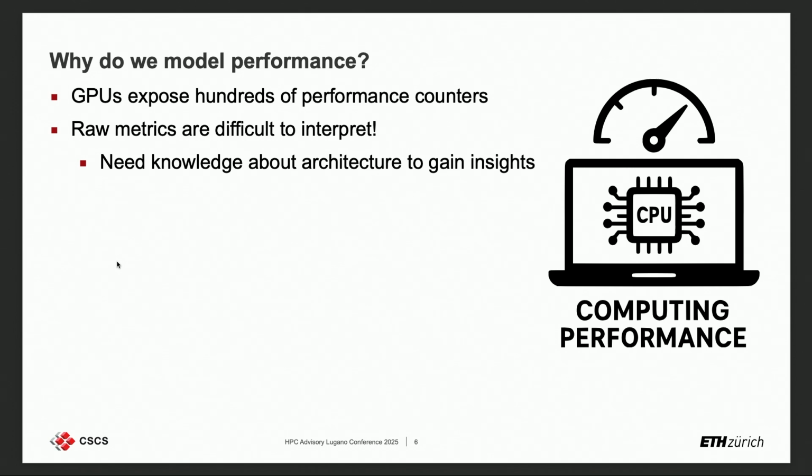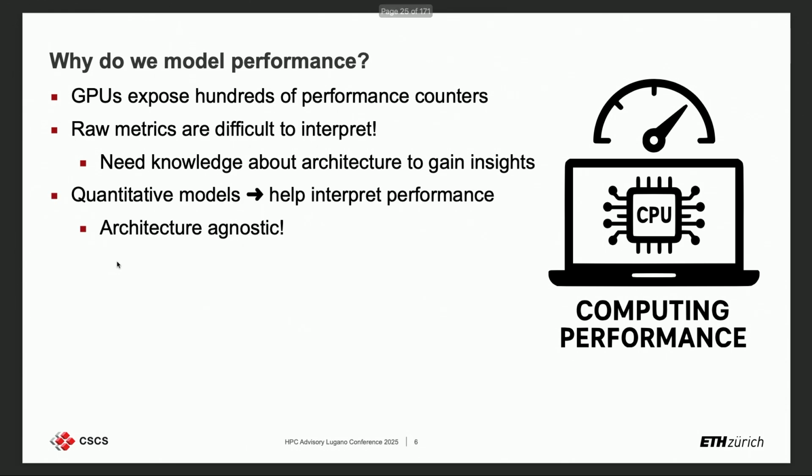You need knowledge about how the architecture works, and you need low-level hardware knowledge to understand what is going on. And this is where quantitative performance models can really help us out. They can tremendously help users interpret performance in a more, let's say, architecture-agnostic way, so that they don't have to deal with all of the tiny details of the hardware.